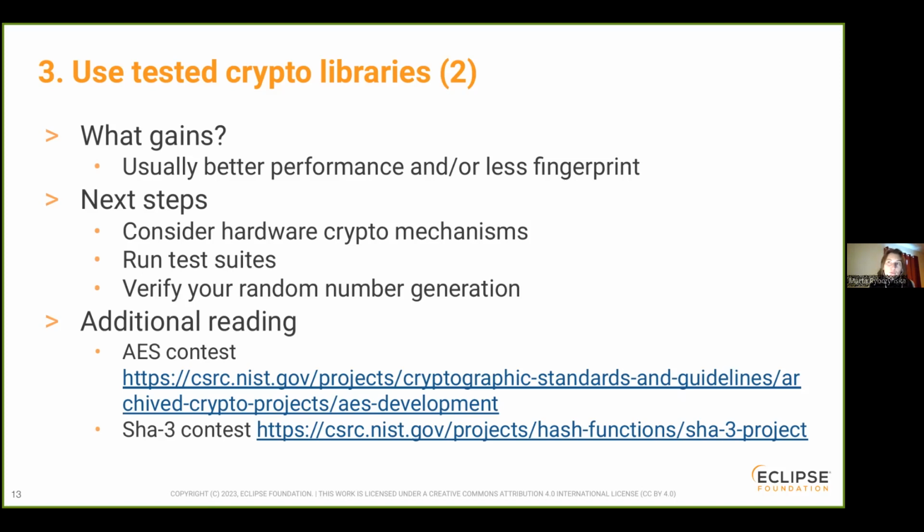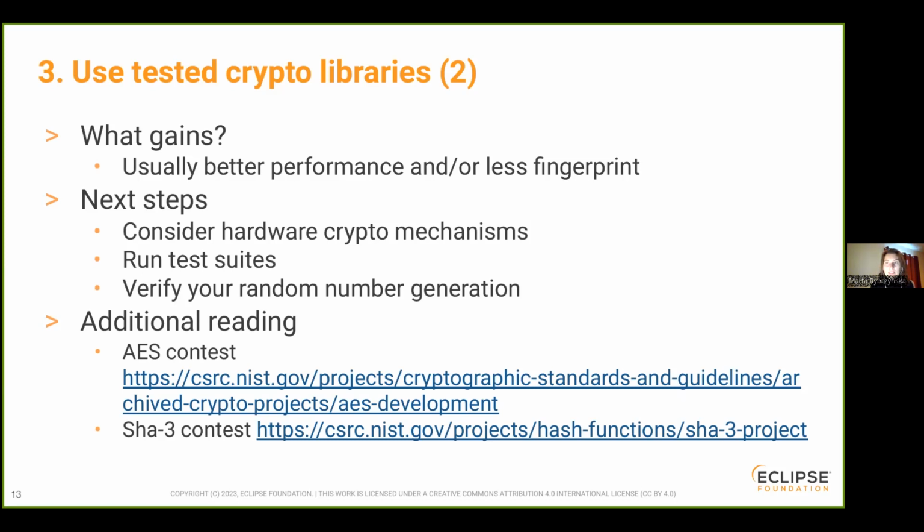Still better to use a well-tested library. If you are a heavy user of crypto algorithms, have a look at hardware crypto, which may be a good solution for your case. Run test suites of your crypto libraries to make sure they're running correctly, and verify your random number generator.